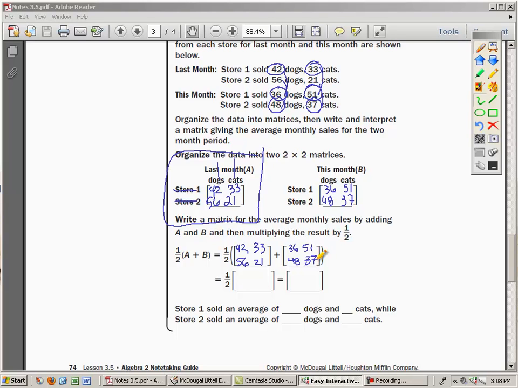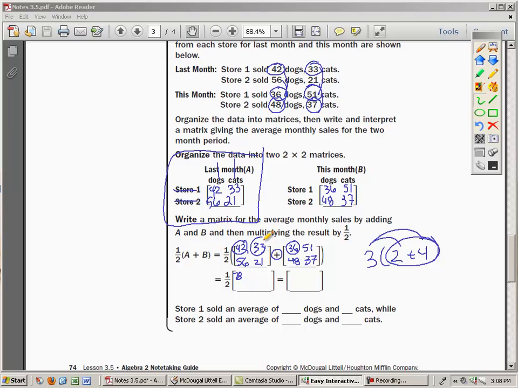Now, because we know all of the elements here, just like, for example, 3 times 2 plus 4, we wouldn't distribute this because we'd simply add 2 plus 4. The same goes with this addition of these matrices. This is going to be 42 plus 36, which comes out to 78.